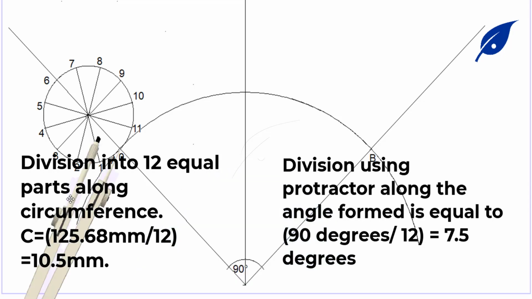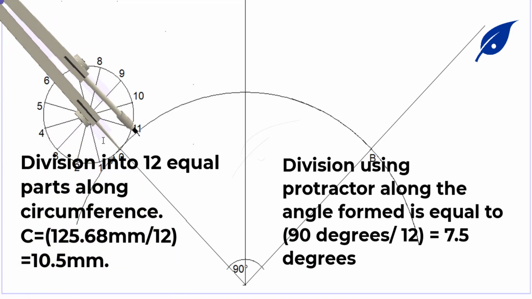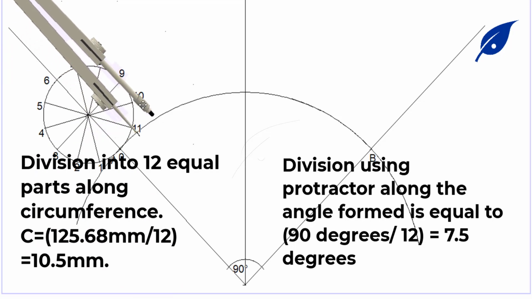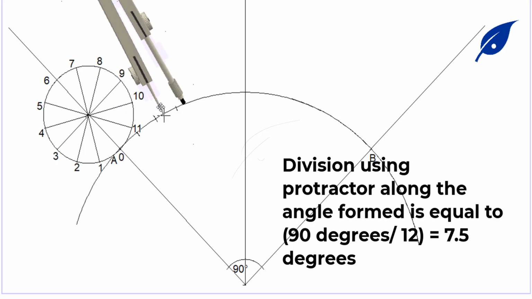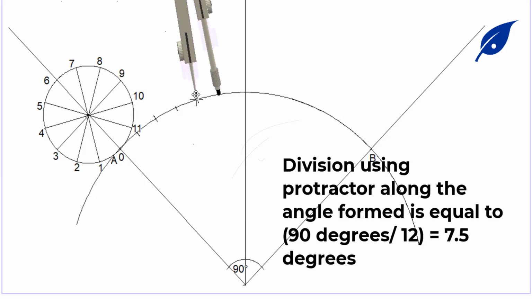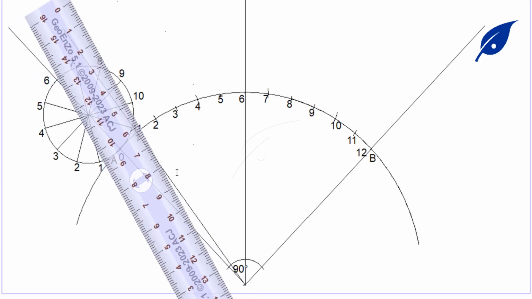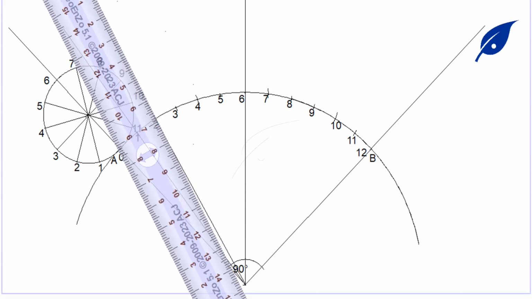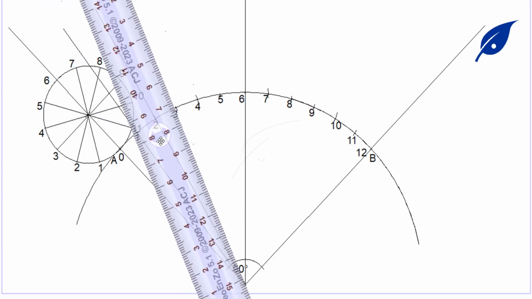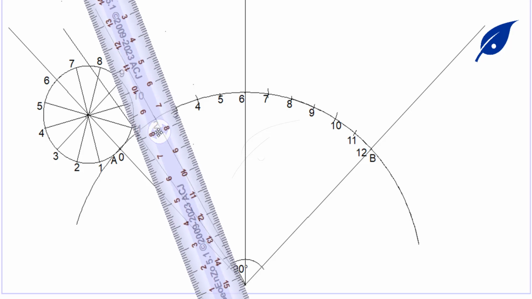For the circumference of the rolling circle, we can use two methods: division along the circumference, or division using a protractor. Using the protractor, we have 7.5 degrees, or we use our compass. Now we get it, then we connect it to the central point, connecting all the points to the center O of the base circle.